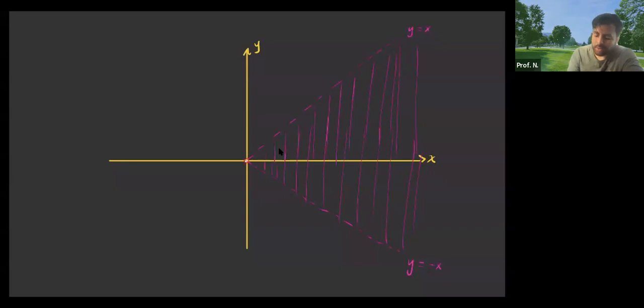So if you graph y equals negative x, you get this line. The reason why we only want this piece is because x is positive. But we're saying y is negative x. So if x is positive, then y is negative x. Do you see that? So the bottom is y equals negative x. Does that make sense?